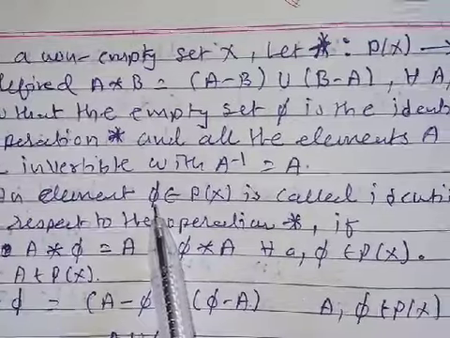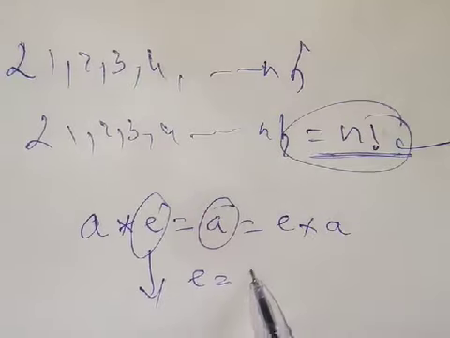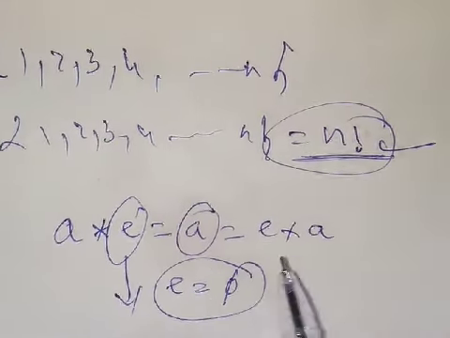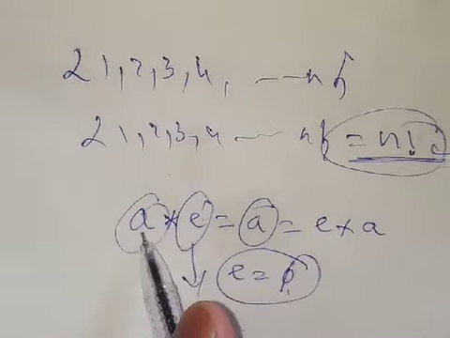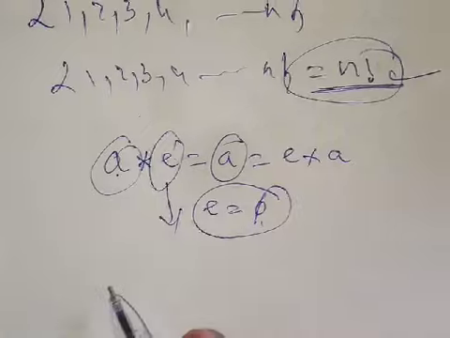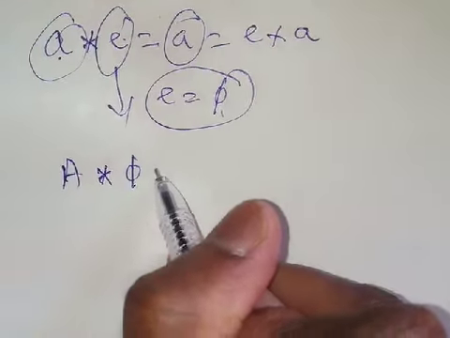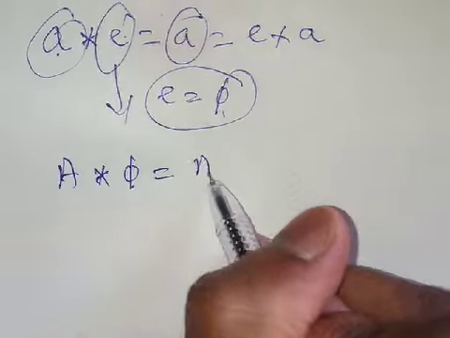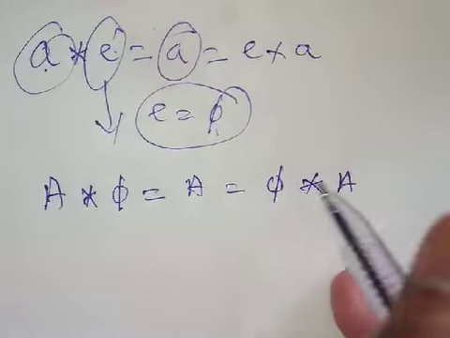What is that? An element phi. Here in place of E is what? phi. So we have to take phi here. And in place of small a is capital A. So how will it look? A star phi is equal to A, capital A, and phi star A. This should be there.